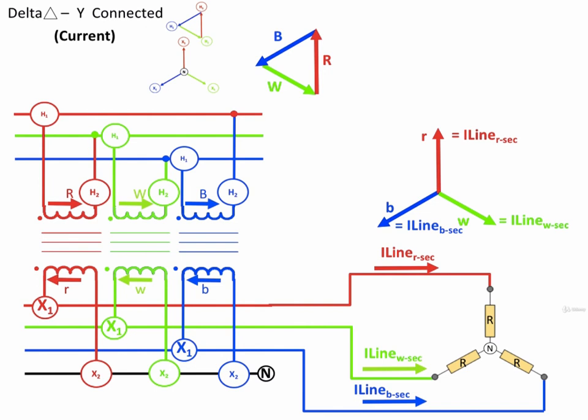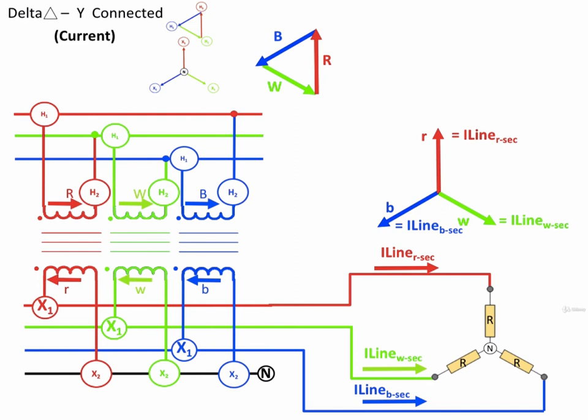So the currents flowing in the transformer windings, as you see there, are going to be 120 degrees apart, which means the currents flowing in the windings of the primary are also going to be 120 degrees apart.